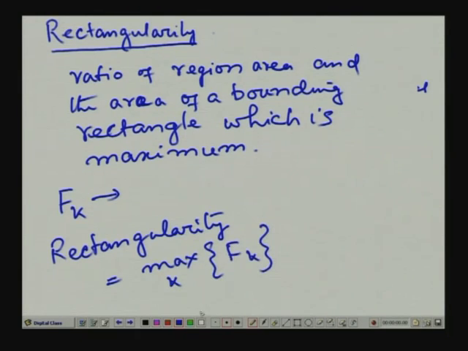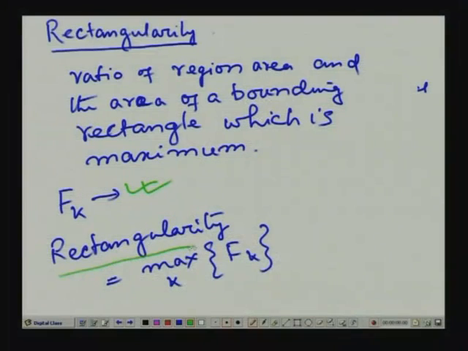So, f k is the ratio of the region area to the area of a bounding rectangle having direction k, and the maximum of these ratios is what is called the rectangularity of that particular given region shape.